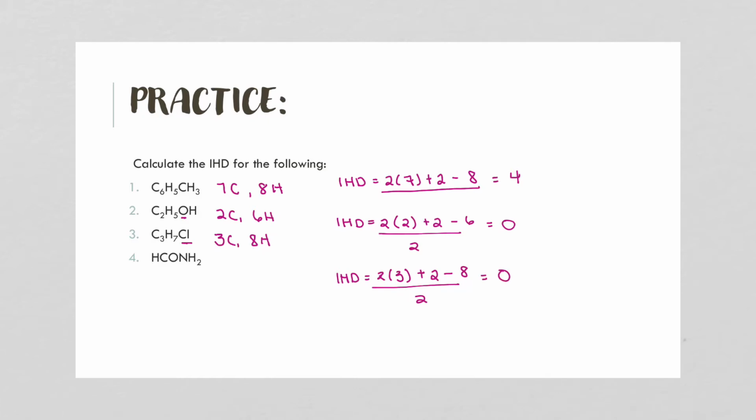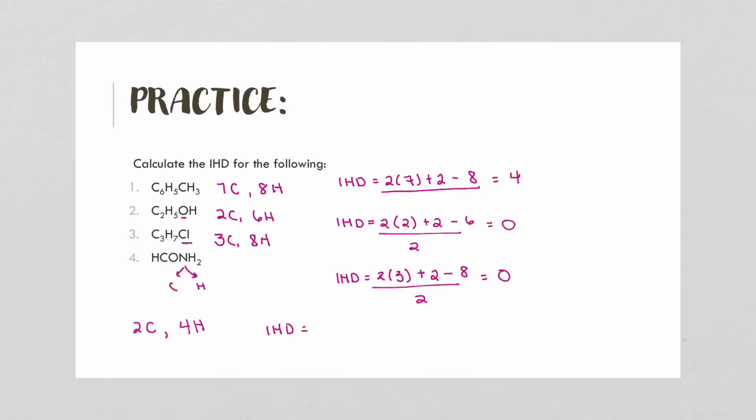All right, so our next one gets a little more complicated. We don't worry about the oxygen, but this needs to add on another C and another H. So we have 2 carbons and 1, 2, 3, 4 hydrogens. So we'll calculate our IHD.